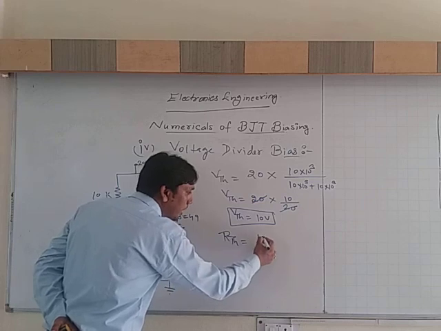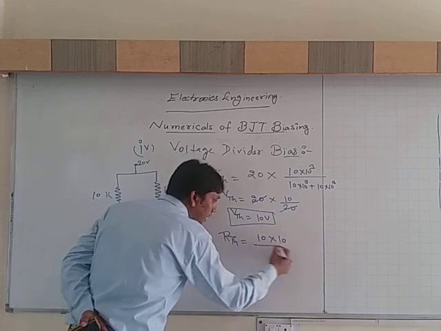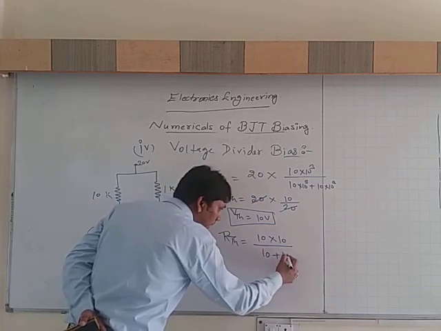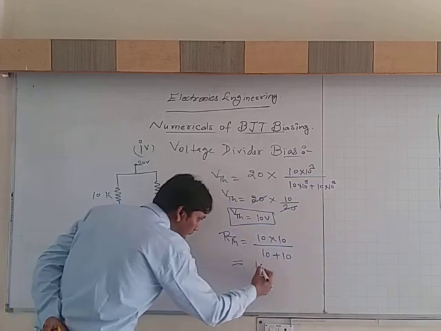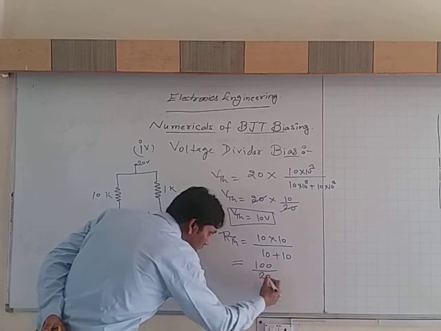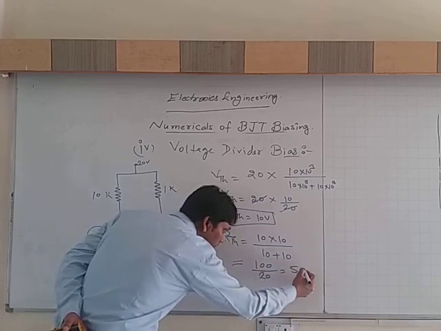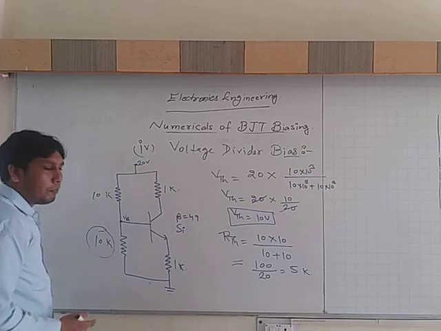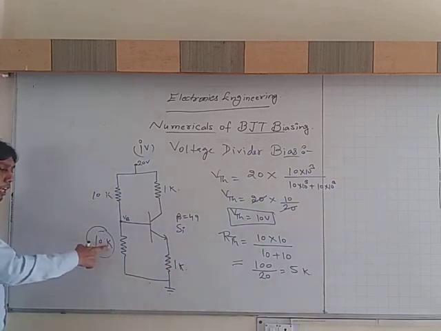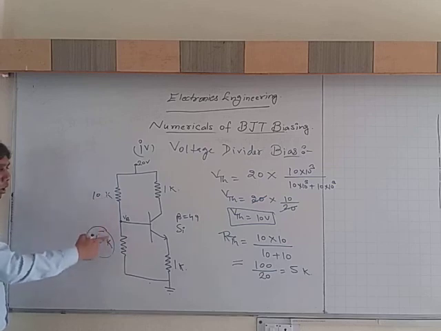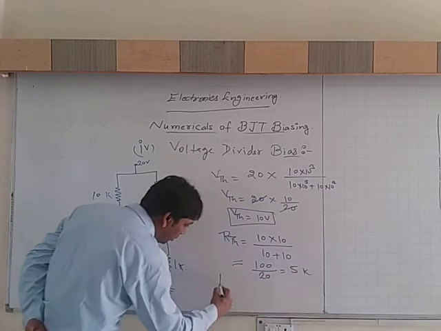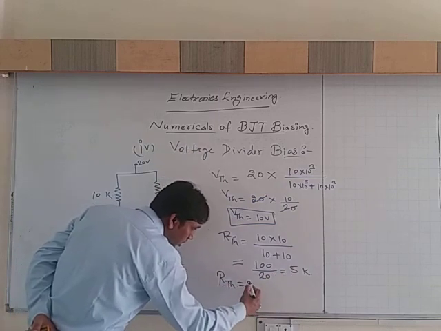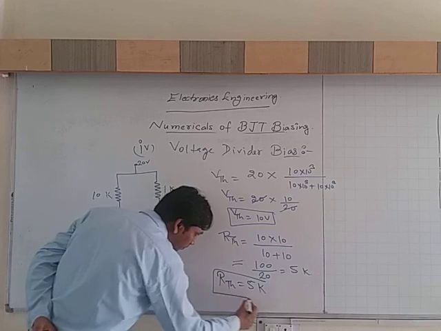That means it will be 10 into 10 upon 10 plus 10. That means it will be 100 upon 20, that is 5K. We are writing K because the 10K resistance is given on both sides. So the value will be 5K. So RTH is 5 kilo.